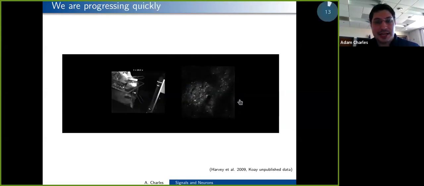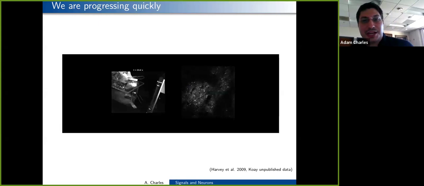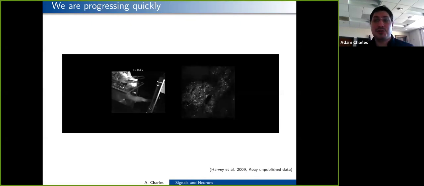Here's a slightly newer version of this whole thing. So this is from Bijan Pesaran's lab at UPenn, who I've been collaborating with. And he's been working on optical imaging in macaque. And so we've gone to much larger species with much more area to cover, much bigger brains.